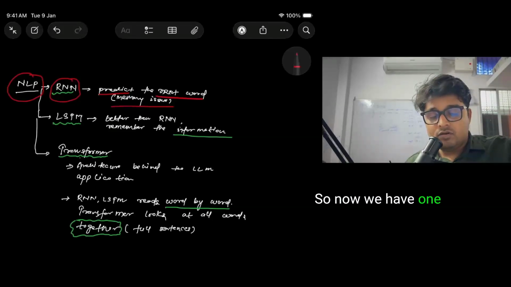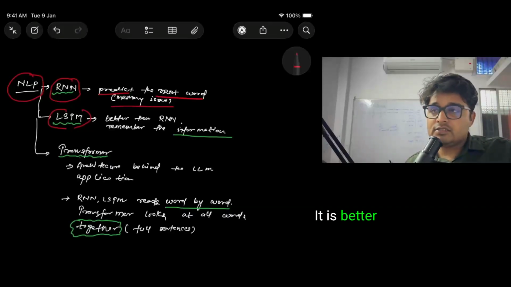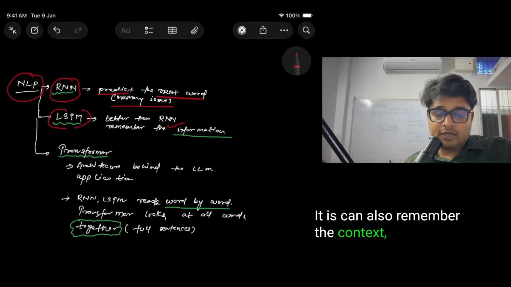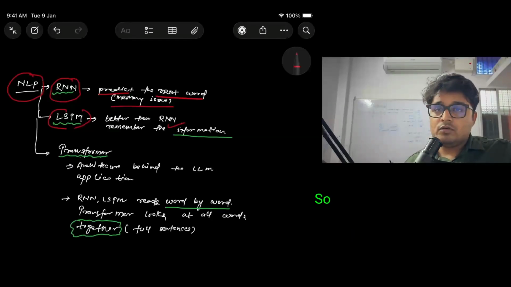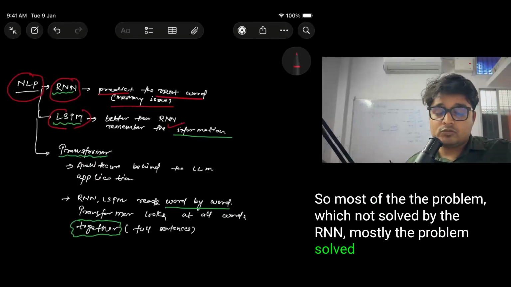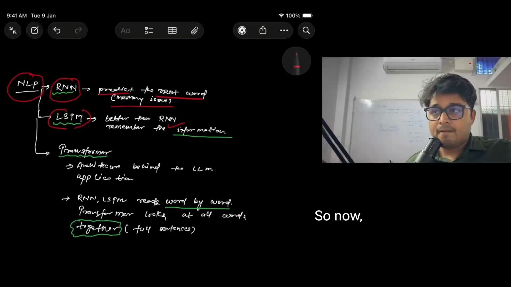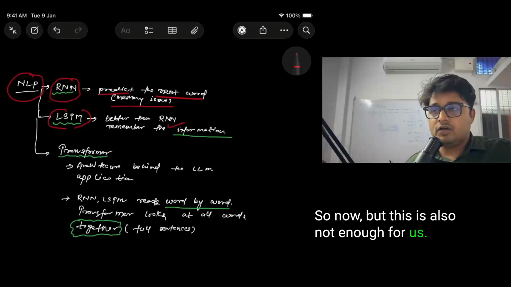Another very popular architecture is LSTM, long short term memory. It is better than the RNN, no doubt. It can also remember the context. Most of the problems not solved by the RNN are solved by the LSTM. It is generally good for translation. But this is also not enough for us.